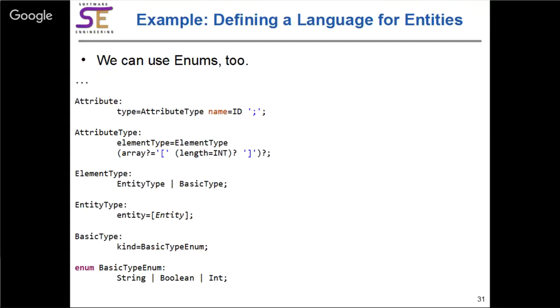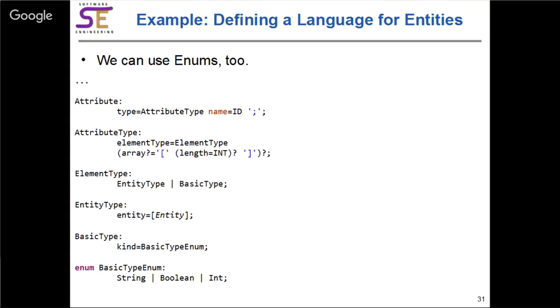So basically, this is not an ordinary rule, which would create another class in your meta model, but if you give it the keyword enum here, it will create an enum type, and this would be either string, Boolean, or integer, and this is then the basic type.